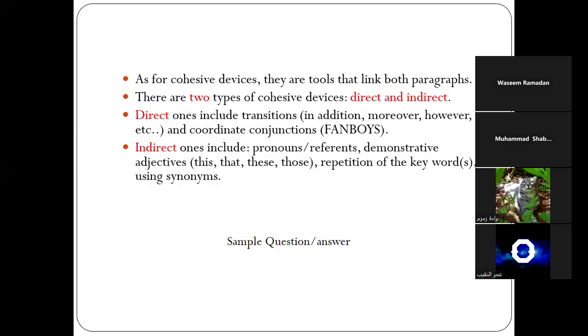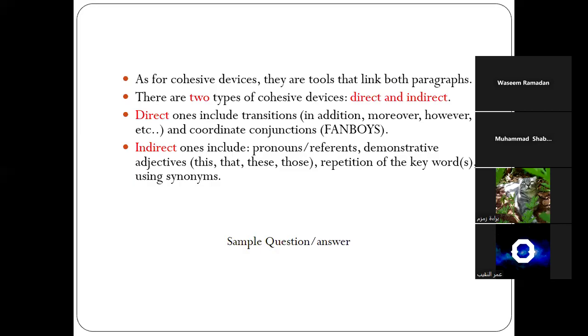Okay, now let me explain thoroughly. So we said that cohesive devices are tools. Now, before we talk about the two types, in order to determine the thematic relation, we have to read both paragraphs to see the ideas or the content and then decide how these two paragraphs are similar. However, when we talk about the link or cohesion, or cohesive devices, we don't have to read thoroughly.